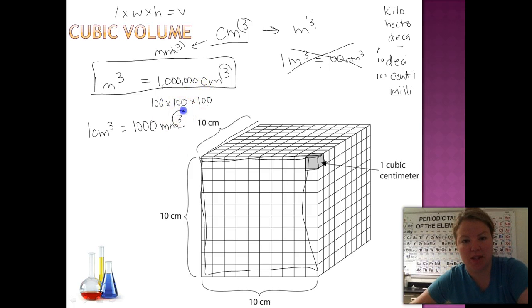So you just have to remember that this 3 takes however many you would get on this chart, and you would times it by itself 3 times, as if you're doing the length times width times height equation for it.